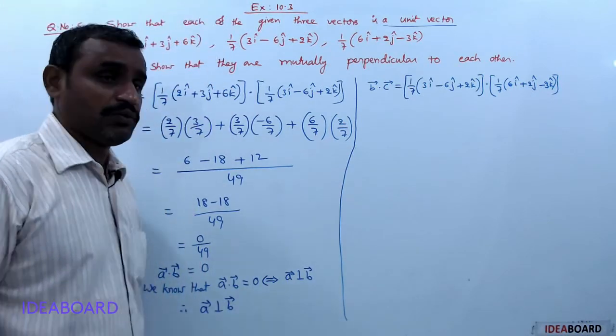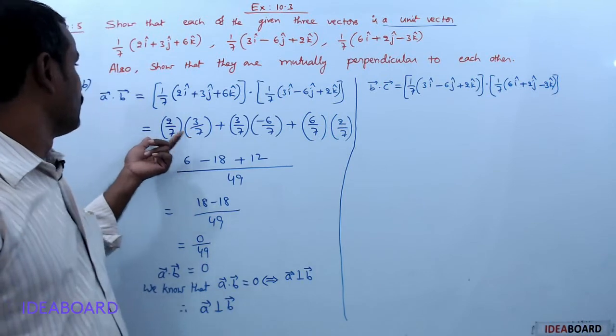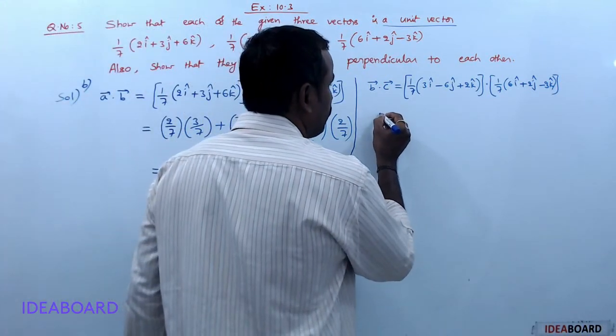Now the product of these two vectors is like the previous A bar dot B bar.